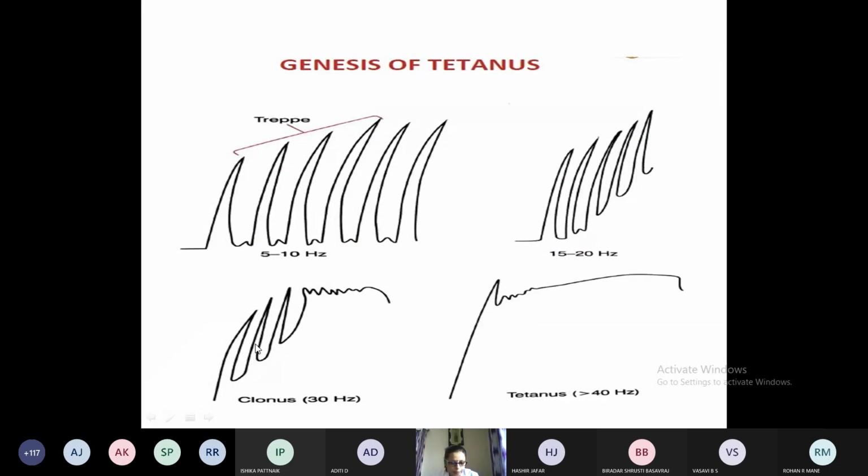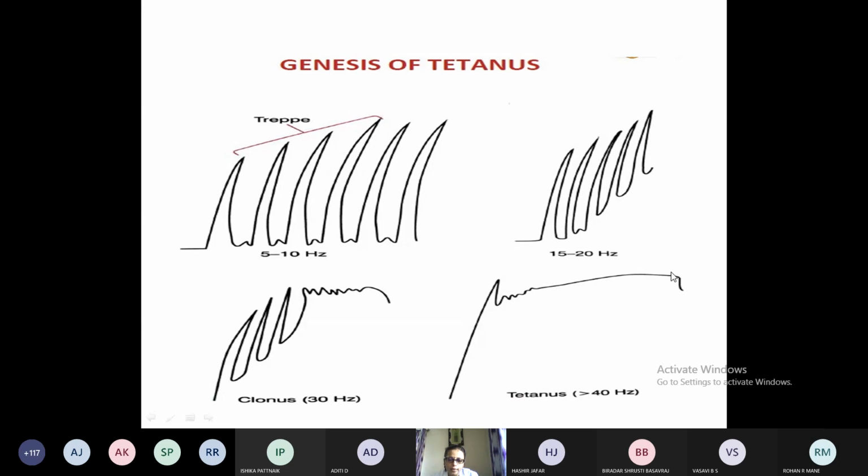And what about tetanus? Whenever we give successive rapid stimuli during the contraction phase, the activation of the contractile mechanism occurs repeatedly before relaxation has occurred, and the individual responses are fused into one continuous contraction. Such a response is called tetanus. All the contractions are fused and added together, showing a single contraction state.